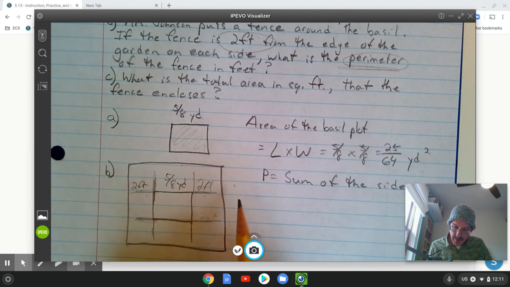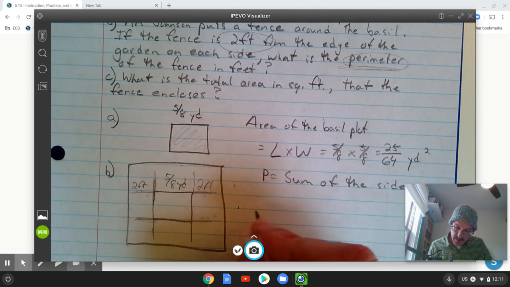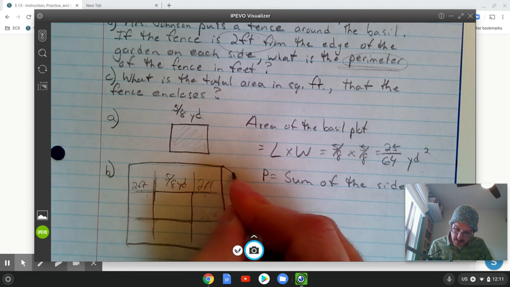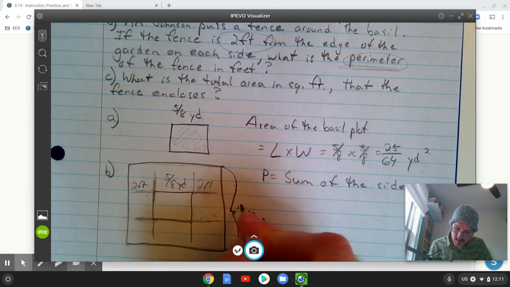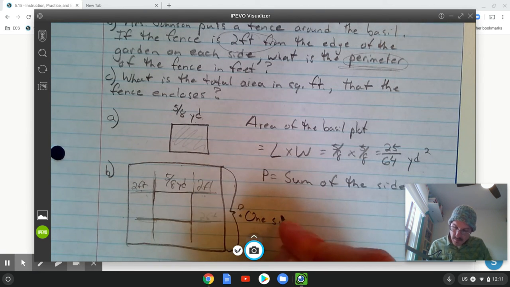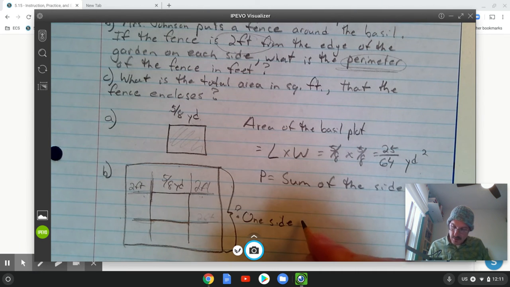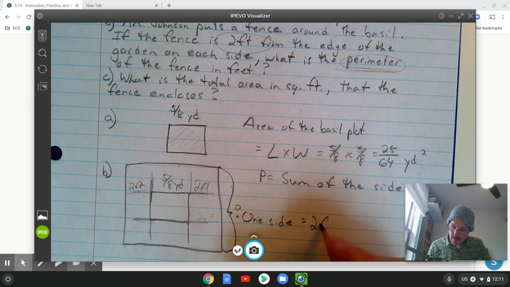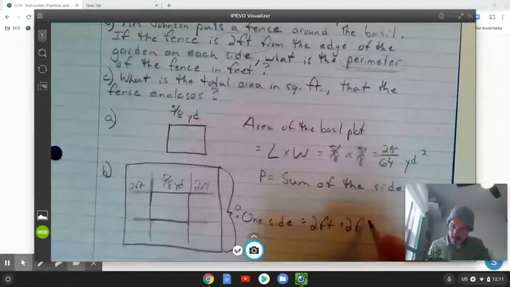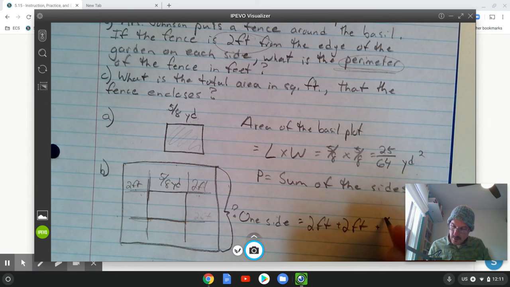So we'll have 4 times that one side. So one side, maybe we should do this. One side is 2 feet plus 2 feet plus 5/8 of a yard.